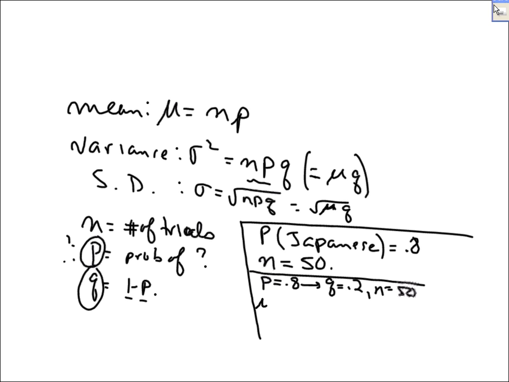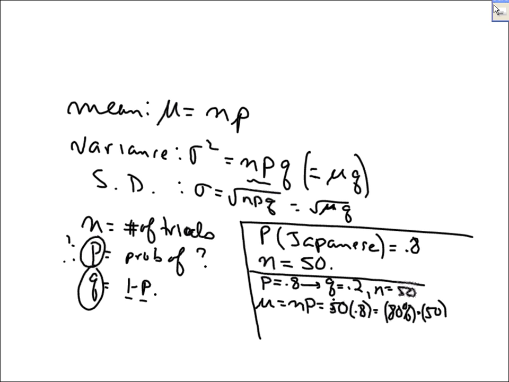And the mean is n times p. Well, let me write it in the correct order. It's 50 times 0.8, which, by the way, is the same as 0.8 times 50. Now, 0.8 is 80%. I just want you to believe that this is logically sound.